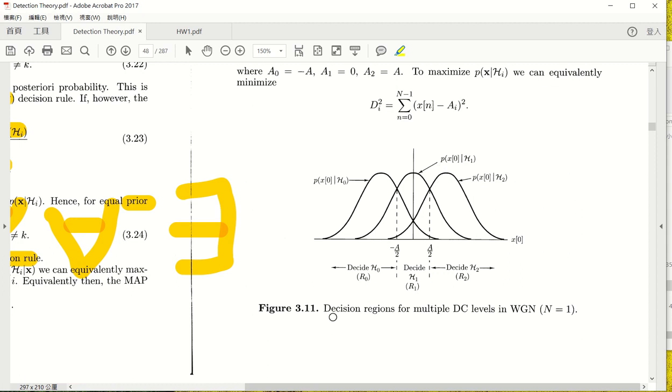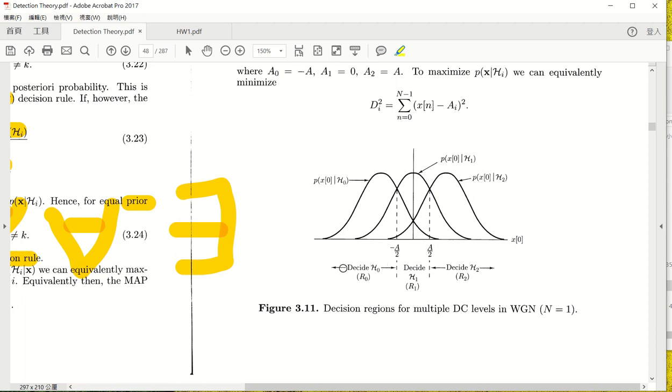And let's take a look at this. Conditional on H0, you have this distribution. Conditional on H1, you have this distribution. Conditional on H2, you have this distribution. Now we are setting thresholds over here, minus A over 2 and A over 2. Then we separate it into three regions.